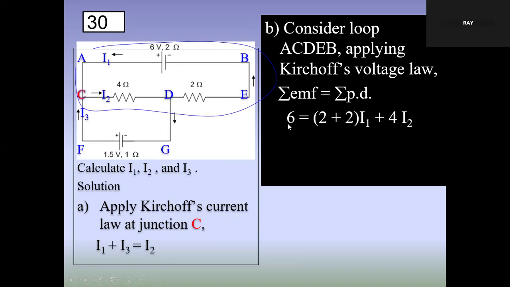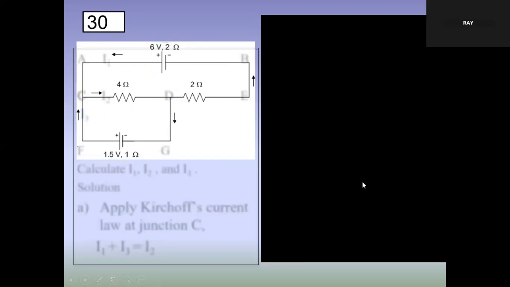So 6 volt, EMF is 6 volt. PD, I2 passing to here, I1 passing through this one and this one. That's why we have this one, 4 times I2. So I find the equation.